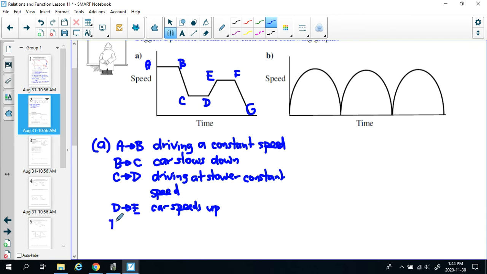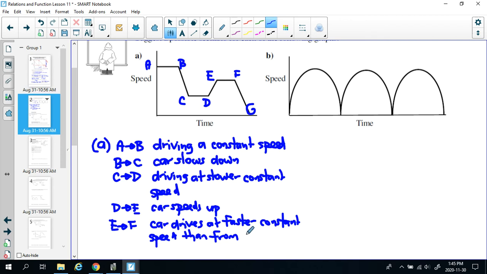Okay, E to F, we're once again back to moving at a constant speed that's slower than the one from A to B and faster than the one from C to D. So I'll write it in comparison to what happened at C to D. So I'll just say car drives at faster constant speed than from C to D, or D to E. No, C to D. C to D is when we're at a constant speed.